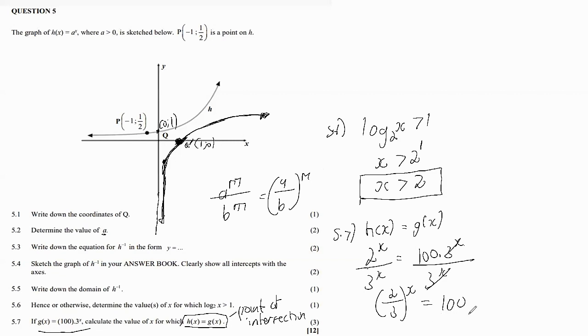Now, at this point, you can see our log rules will also come into play. Remember, if we want to make this one the subject of the formula, all we have to do is leave it here and then say log and then the base here. And then we take the 1 over here, put it right there.